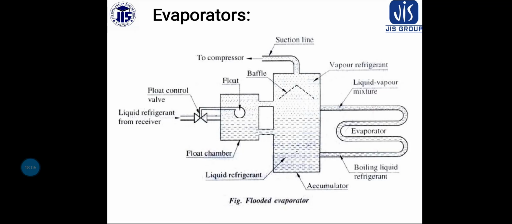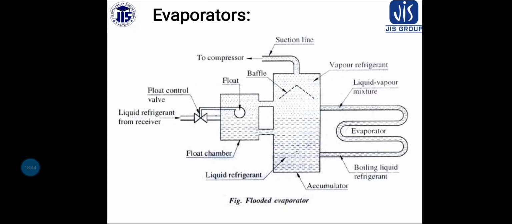So the flooded tube evaporator: a flooded or overfeed evaporator is one wherein the amount of liquid refrigerant circulated through the evaporator is considerably in excess of that which can be vaporized. Here a constant refrigerant liquid level is maintained.